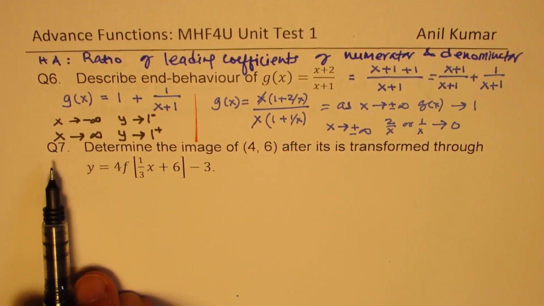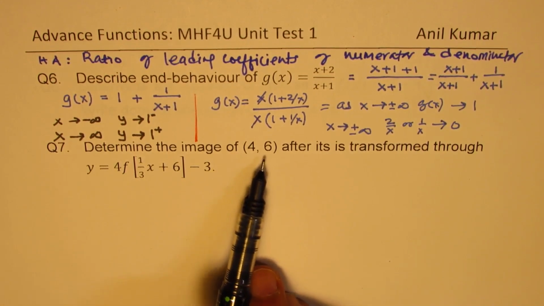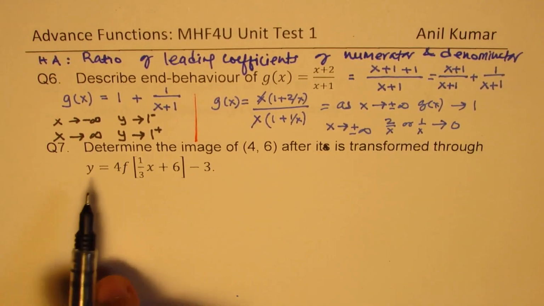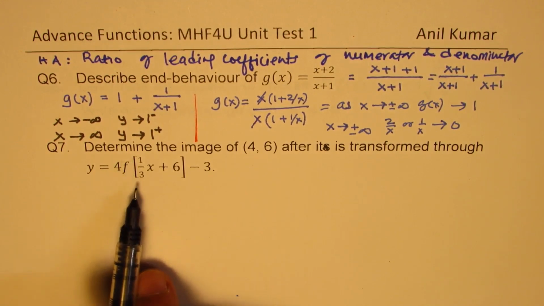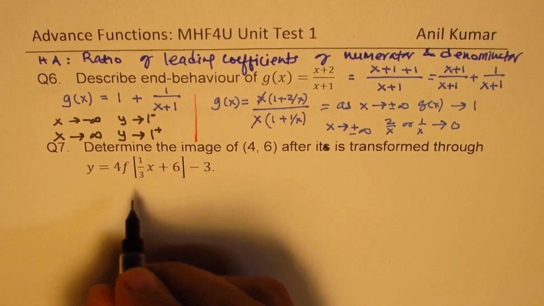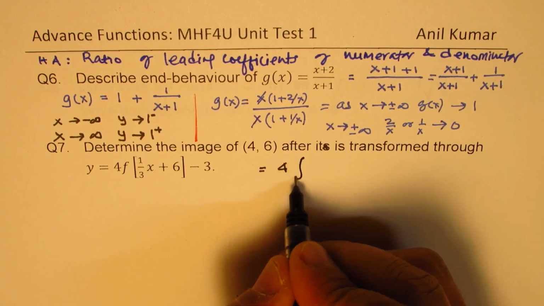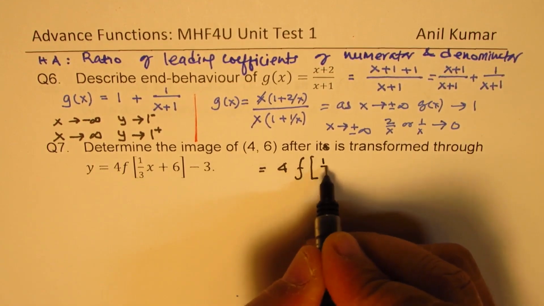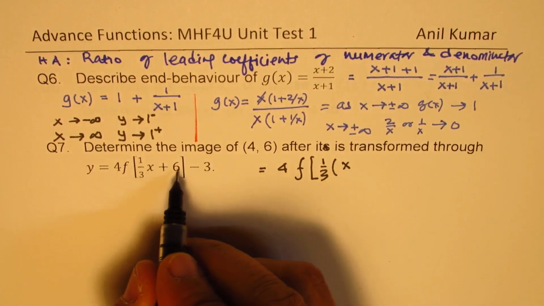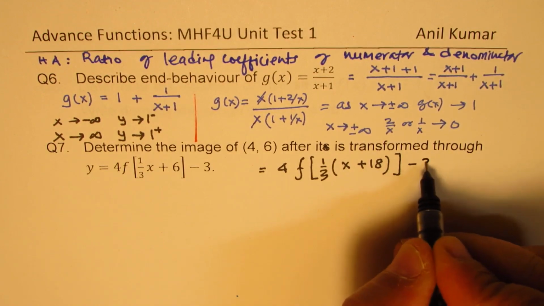Now let's look into question number 7. Determine the image of the point (4, 6) after it is transformed through y equals 4 f of (1 over 3)x plus 6, minus 3. So let's rewrite this. We could actually take 1 over 3 common. So I'll write this as 4 f of (1 over 3)(x plus 18) minus 3.